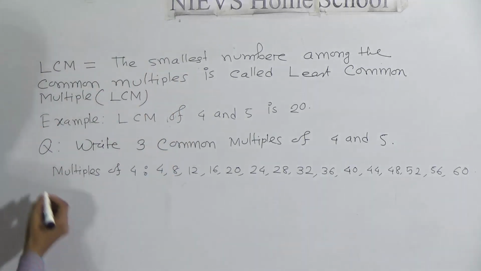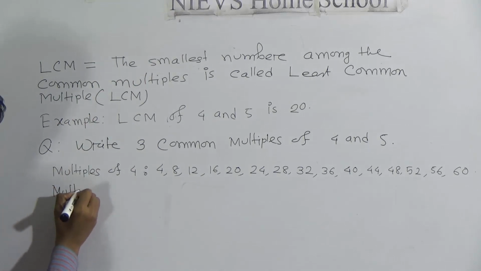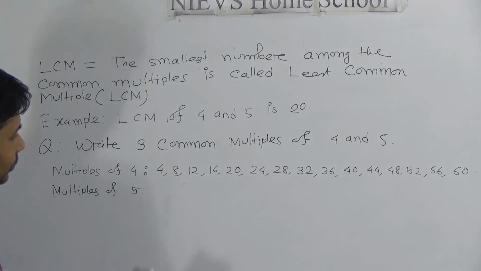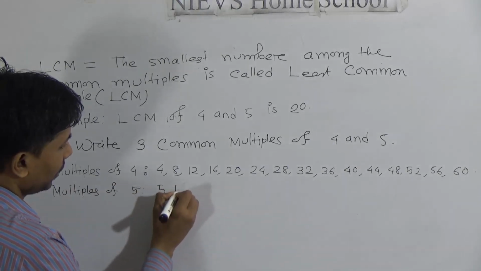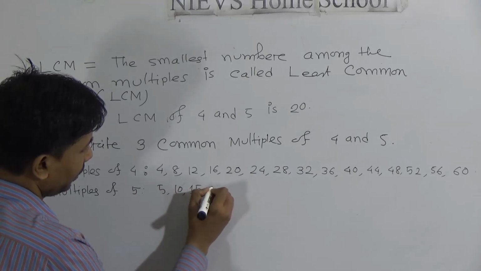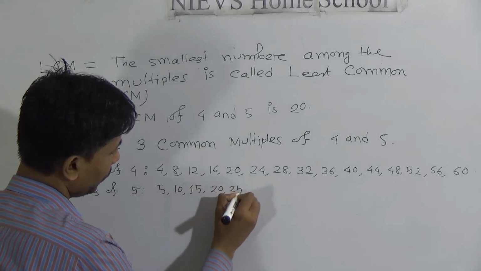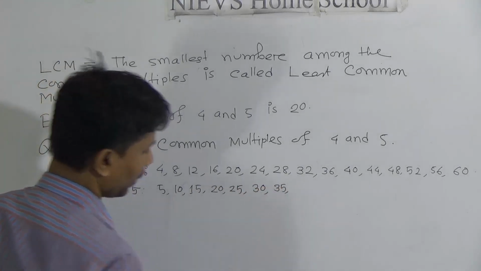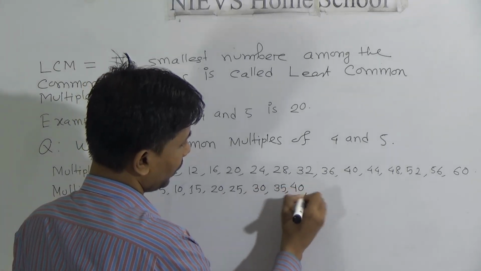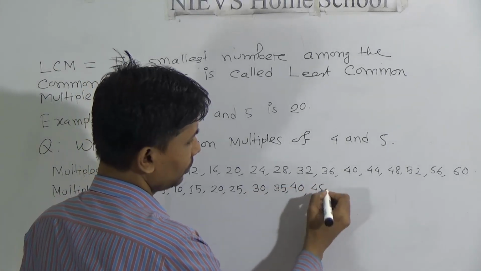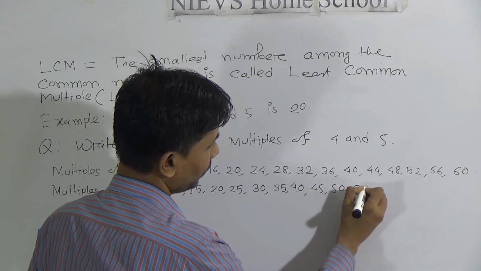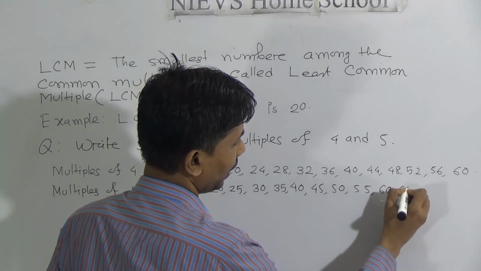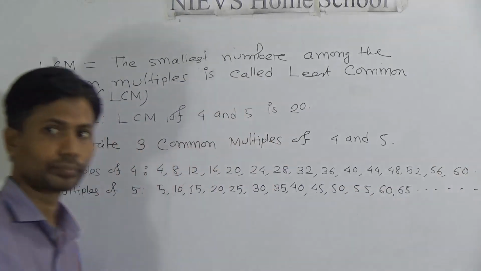Now the multiples of 5, right? 5, then 10, 15, 20, 25, 30, 35, 40, 45, 50, 55, 60, then 65, like this way.